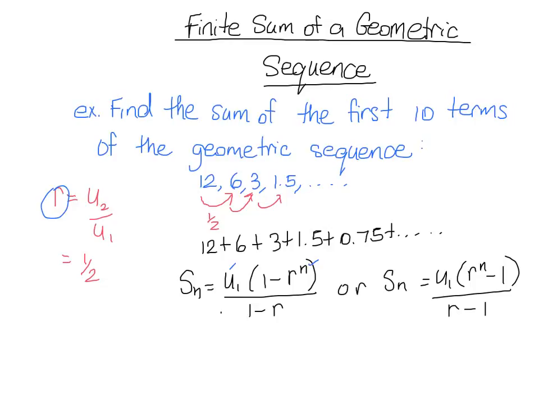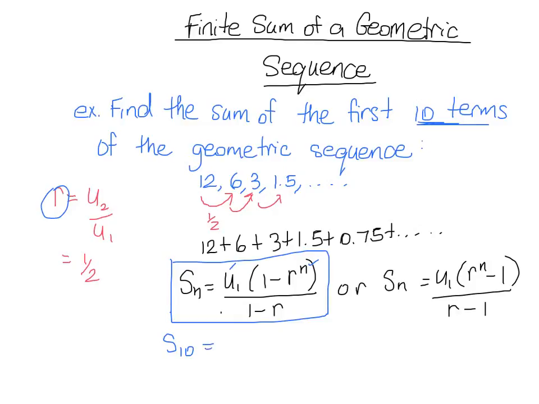So we are trying to find, in this case, the sum of the first 10 terms, which means we're trying to find S10. Now we could use either version of the formula, it doesn't really matter, but you may want to stick to a version that will give you a bunch of positive numbers. It really doesn't matter. But I pick this version for this question because 1 minus r will give me a positive number.